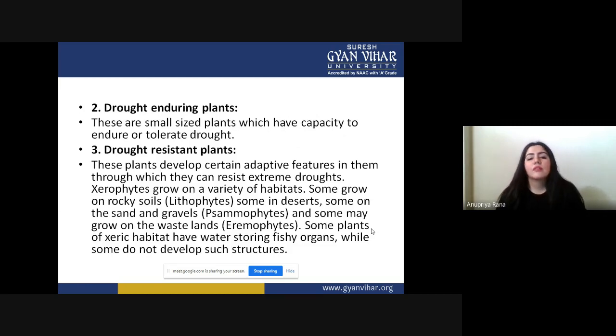Third is drought resistant plants. These are also plants which can live in extreme drought conditions. These plants develop certain adaptive features through which they can resist extreme drought. Like the xerophytes grow on a variety of habitats. Some grow on rocky soil.